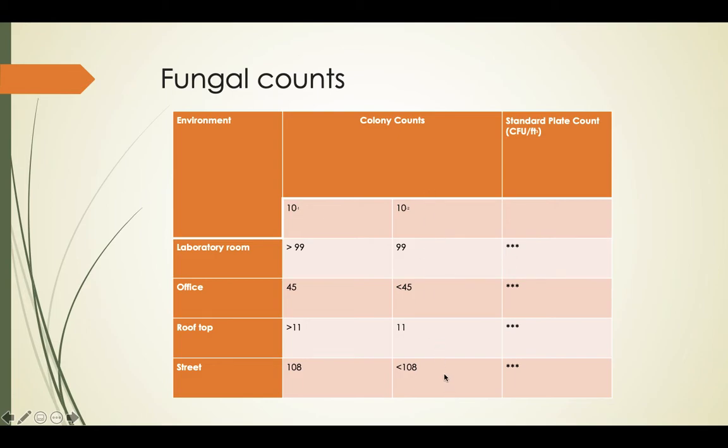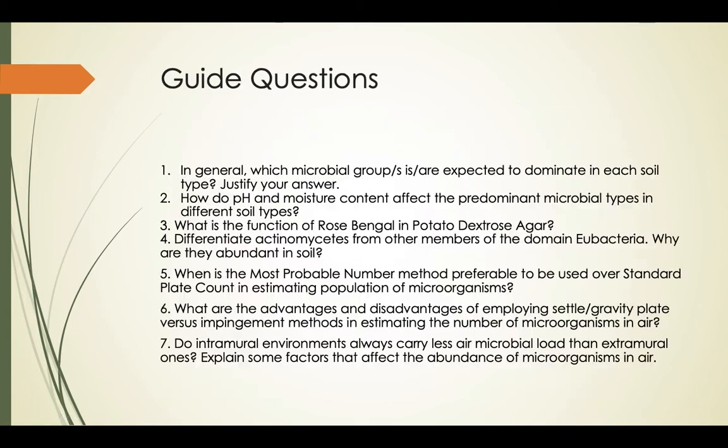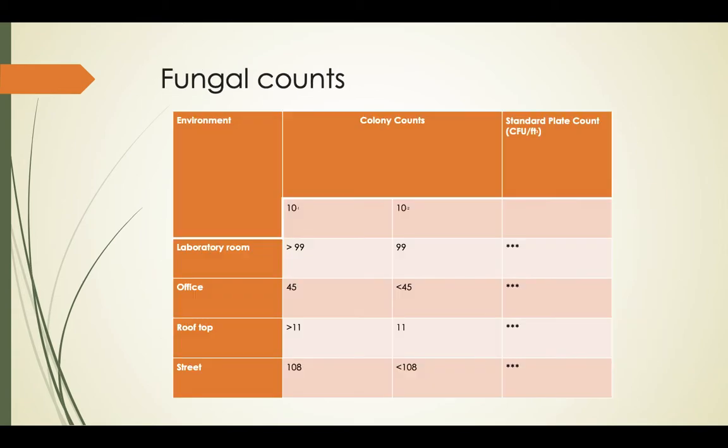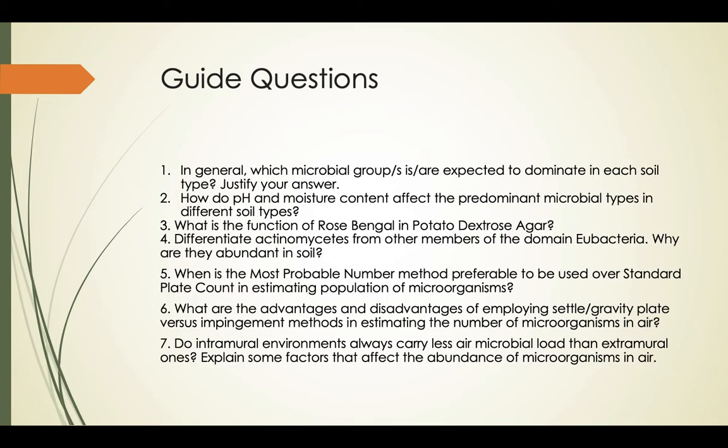Okay? 10 to the negative 1 should have greater counts than 10 to the negative 2. For the standard plate count, as I mentioned, I have already prepared an automatic calculator so I can check your answers later on. Okay, the guide questions, most of these questions I have already answered all throughout the presentation.